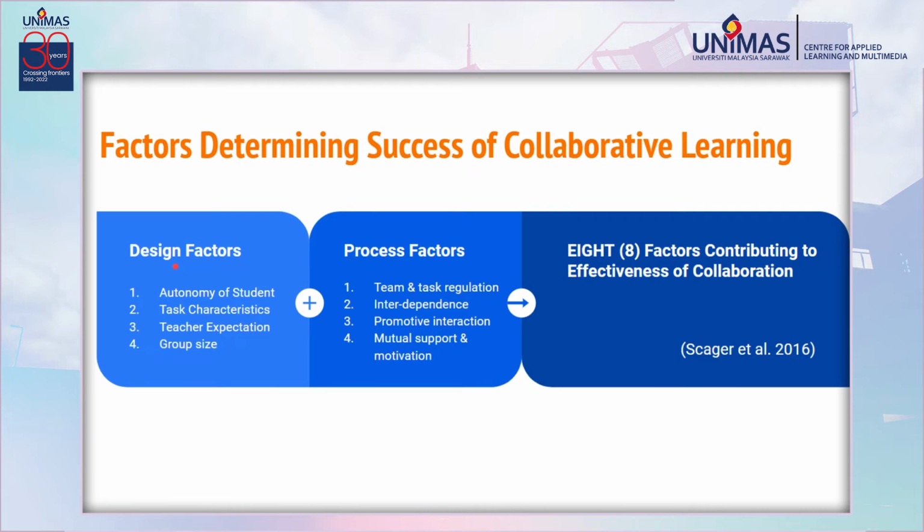So under design factors, there are factors such as autonomy of student, task characteristics, teacher expectations, and group size. And then you have team task regulation, interdependence, promotive interactions, mutual support and motivation under the process factors, right? So these are the 8 factors that will contribute to how effective the collaboration is going to be.